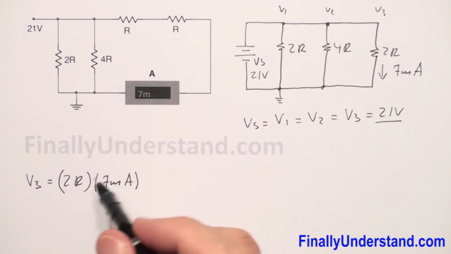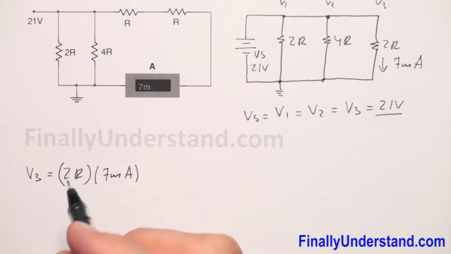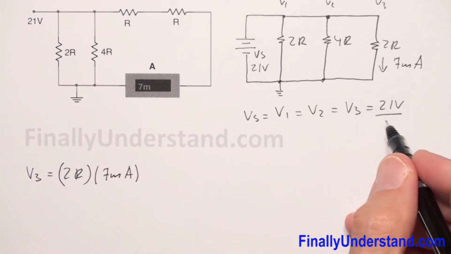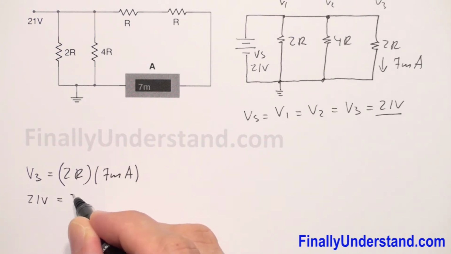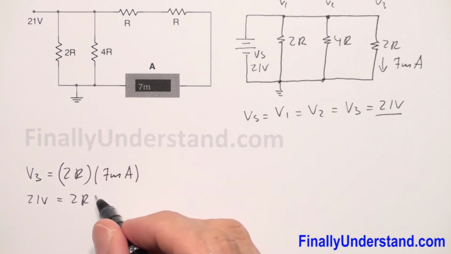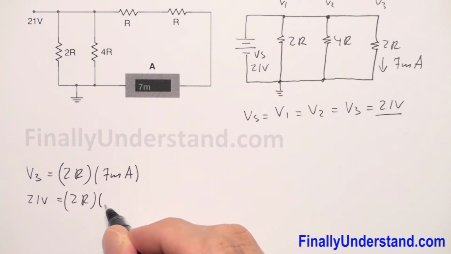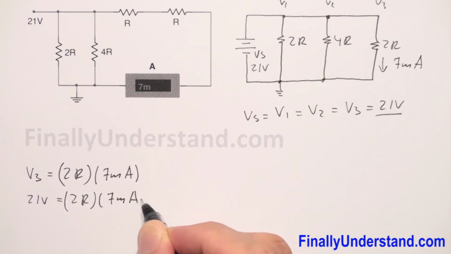I know that V3 is equal to the voltage source, so this is 21 volts, which is equal to 2R times 7 milliamps.